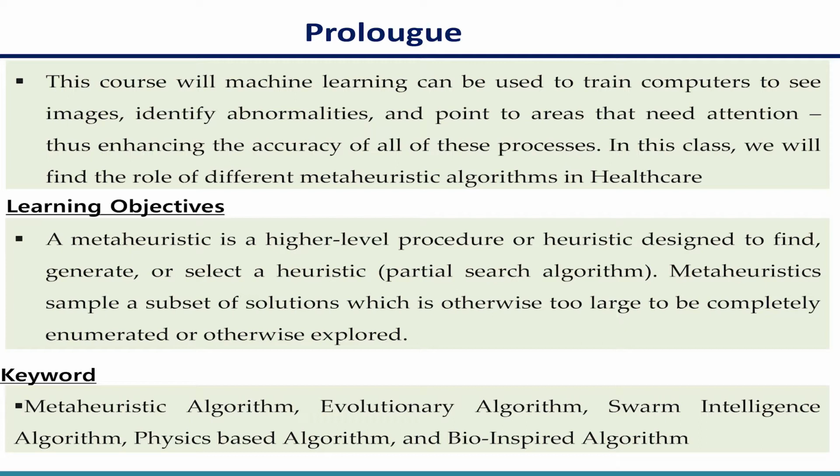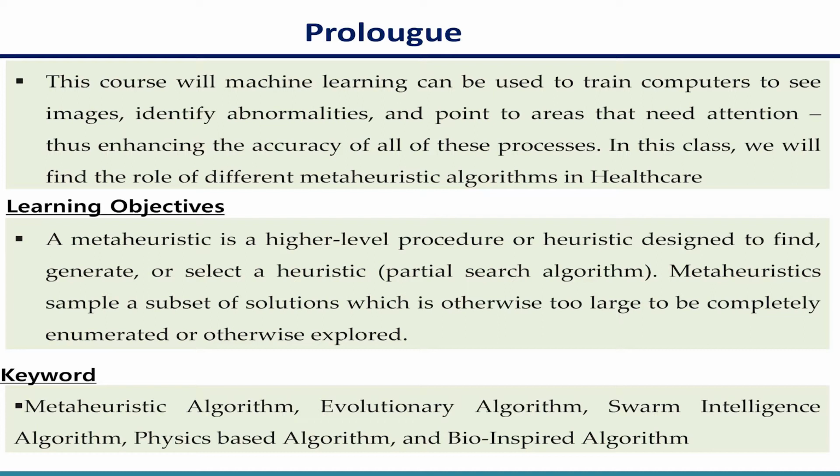As we discussed in the last class, a metaheuristic algorithm is a higher-level procedure or heuristic designed to find, generate or select a heuristic or partial search algorithm. A heuristic is a sample or subset of solutions which is otherwise too large to be completely enumerated or explored.